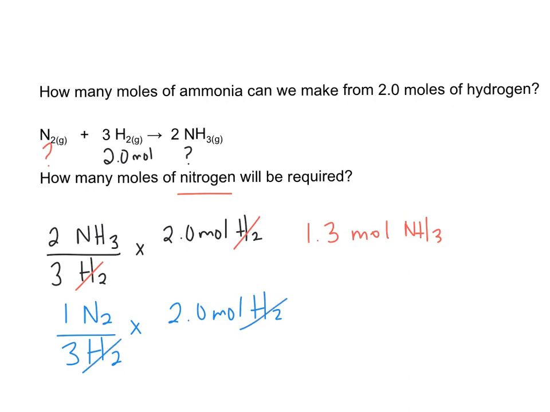H2 cancels, so now we're left with 1 times 2 divided by 3. So 2/3 or 0.67 moles of N2. So 2 moles of hydrogen will require 0.67 moles of nitrogen gas.